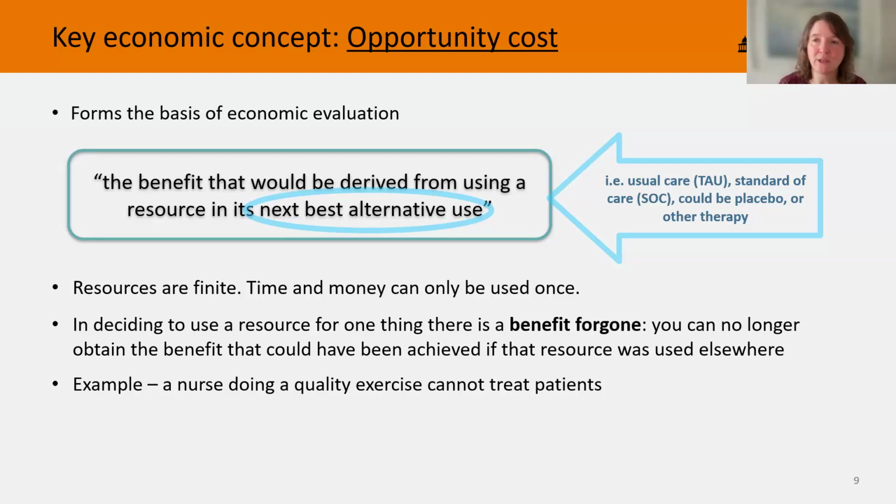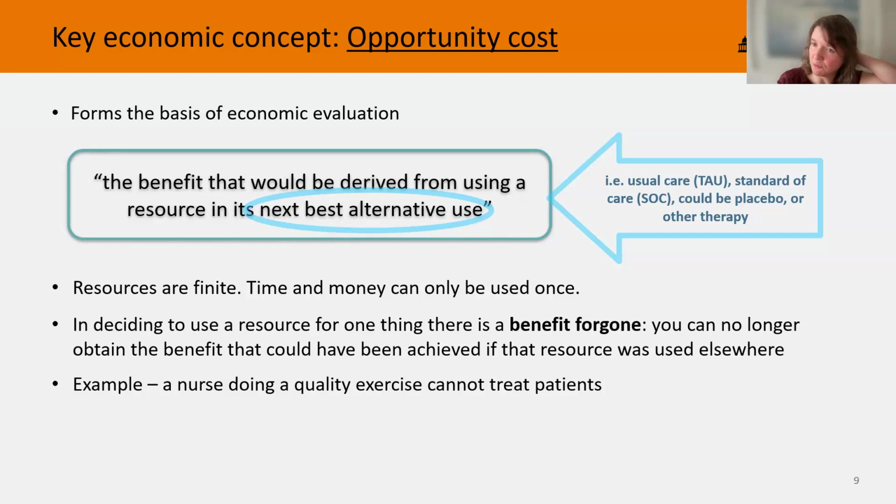So let's go back to the lunch example. My favourite lunch is peanut butter on toast, and my second favourite lunch is tuna hummus. So the opportunity cost of me choosing my favourite option is the benefit that I would derive from instead getting my second favourite option.